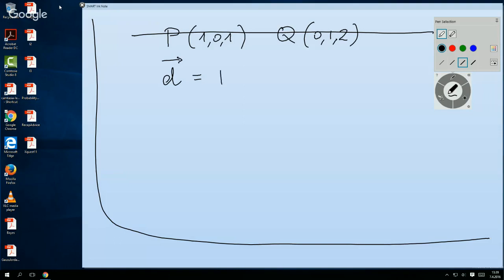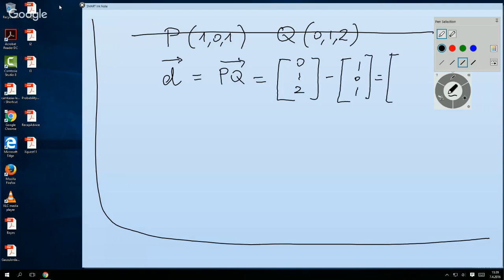It's the vector that goes from P to Q, which is Q minus P, so it's 0, 1, 2 minus 1, 0, 1. And again, I think you can appreciate how I keep the computations very complicated. So that's minus 1, 1, 1. That's the direction vector. So what's the line?